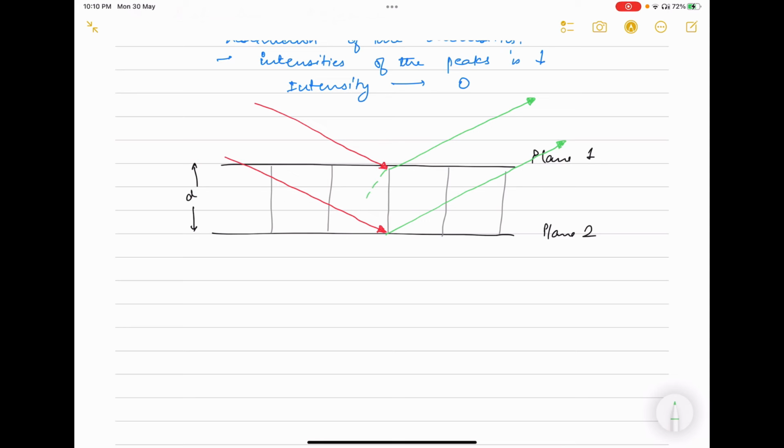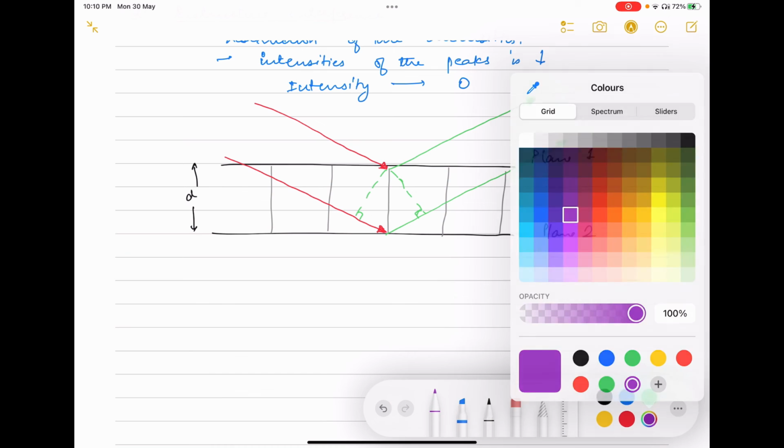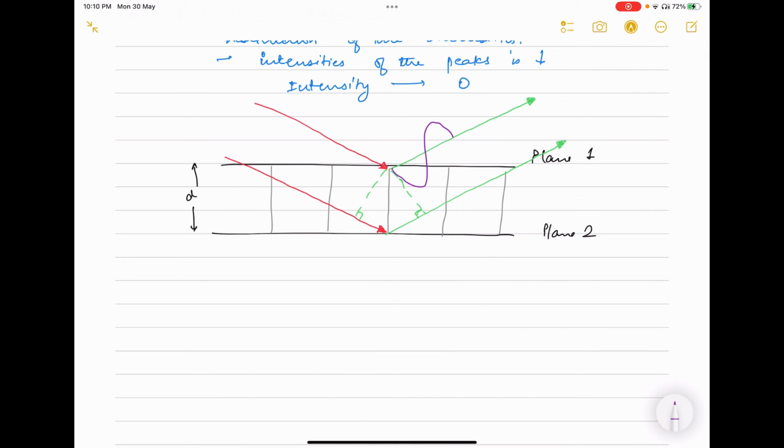And now we draw perpendiculars from here. Now if your phases are like this, suppose this one goes like this, whereas this one goes like this. So this is negative and this is positive, so they completely cancel each other.